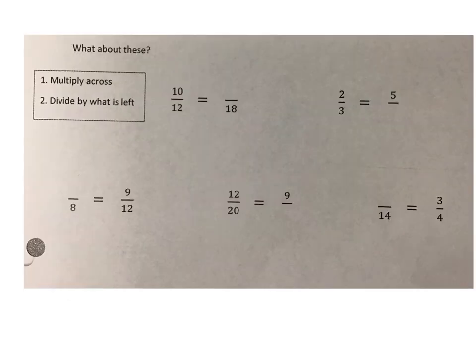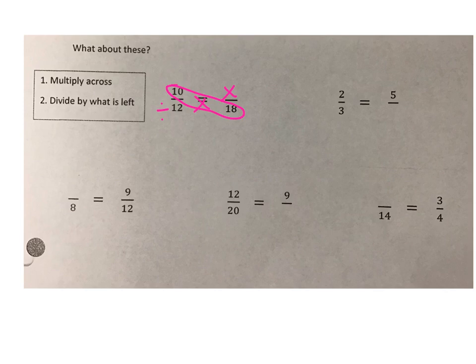So for these ones, I can't go from 12 to 18 by just multiplying or dividing. So we've got to do that cross multiply and divide strategy. If this is our missing one, you're going to multiply the 2 that are there and divide by the one across from the missing one. So again, your variable or your missing one may change, but always remember, multiply the 2 that are there and divide by the 1 across from the variable.